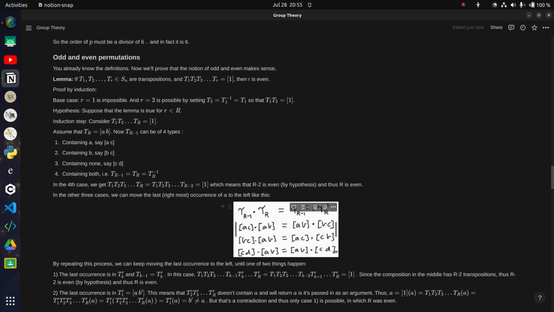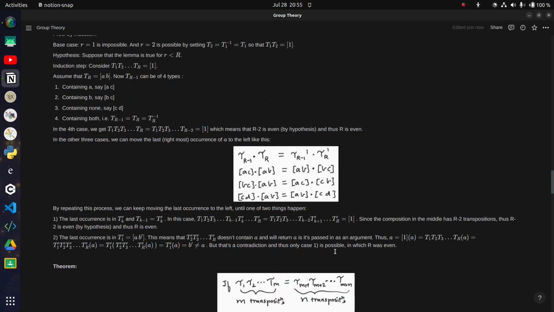First is that it meets its inverse, and then once again you just get to the R minus 2 length permutation equal to the identity element, and you can use the hypothesis and say R minus 2 has to be even, and then R has to be even.